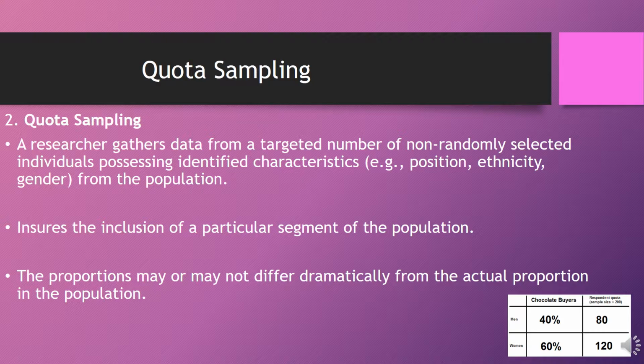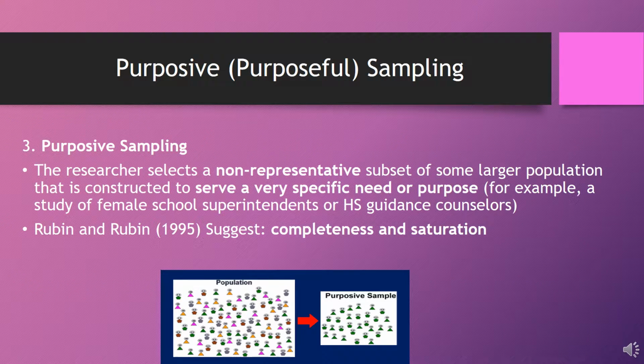Purposeful sampling is the process whereby the researcher selects a non-representative subset of some larger population that is constructed to serve a very specific need or purpose. For example, a study of female school superintendents, or a subset of a population like high school guidance counselors who deal with ninth graders.